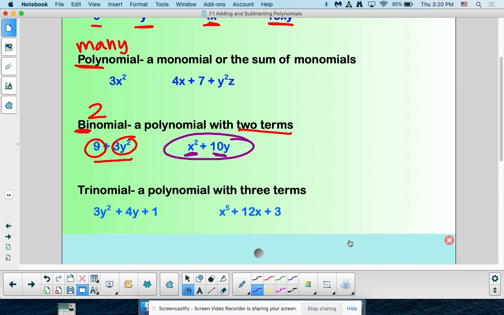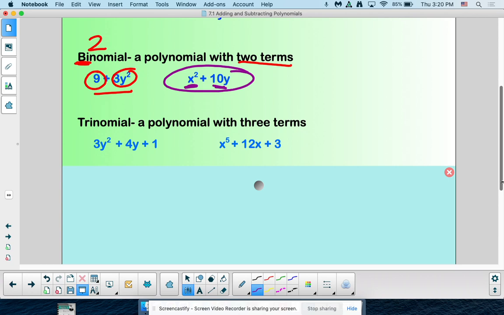A trinomial, I think you're going to get the hang of this, is a polynomial with 3 terms. The prefix tri means 3. Think of a triangle. A triangle has 3 sides. So again, 1, 2, 3 terms, separated by those addition or subtraction signs.